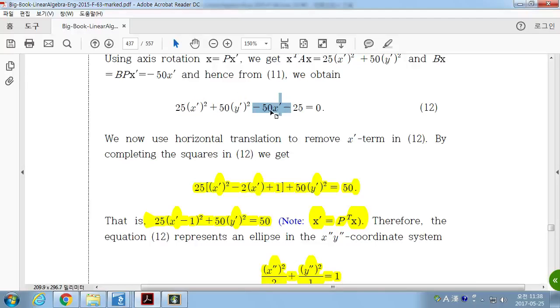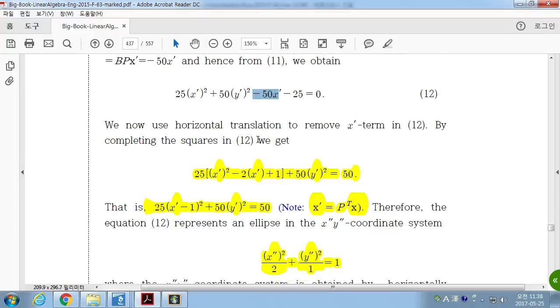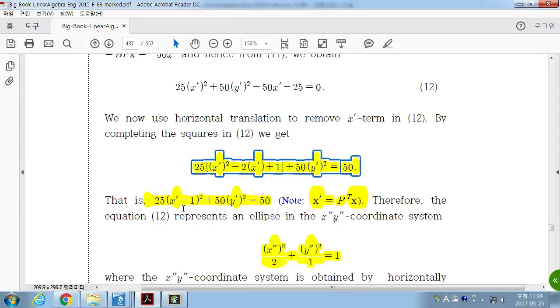So we handle this once more by a horizontal translation. And then we can easily complete the square, which makes the X prime minus 1 squared term. Then what's left here is this term. This is the squared terms and 50 here.